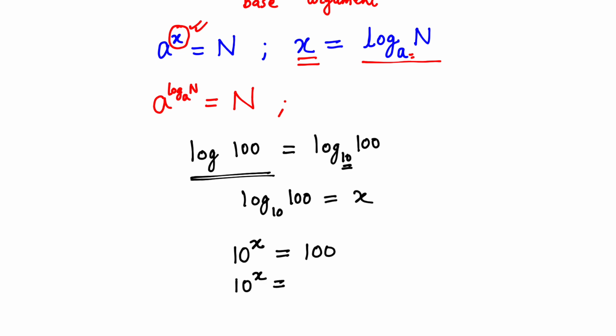On the right hand side, 100 can be written as 10 multiplied by 10 or 10 raised to the power 2. So you can equate it with x is equal to 2. Alright, so log 100 to the base 10 is equal to 2.